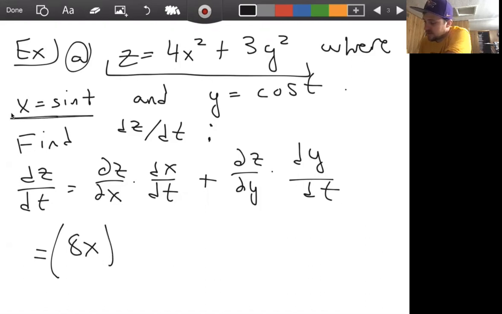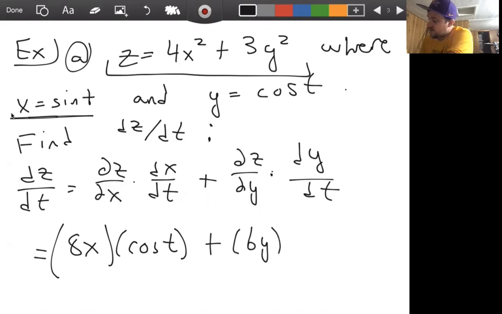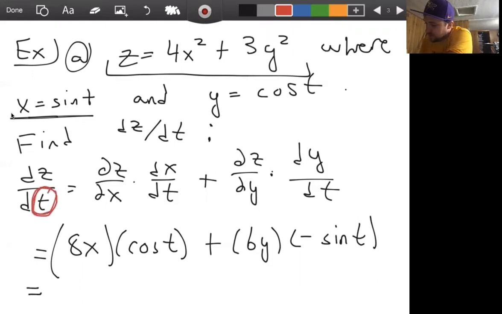Since x is sine t, the derivative of x with respect to t is cosine t, plus del z del y, since it's a partial derivative. We get 6y times dy/dt, which is negative sine t. This is a derivative with independent variable t.